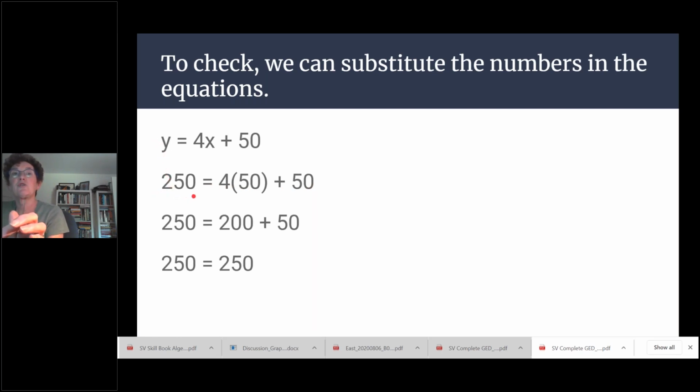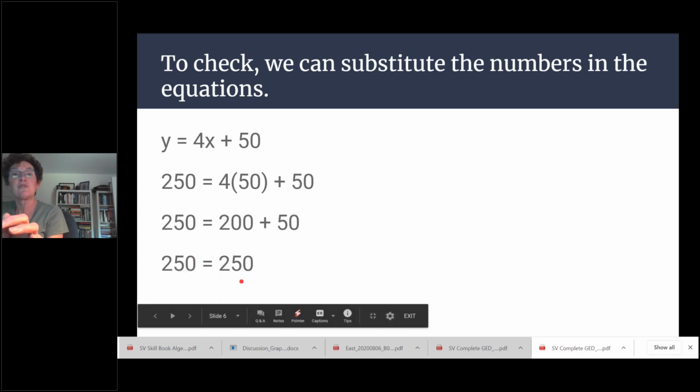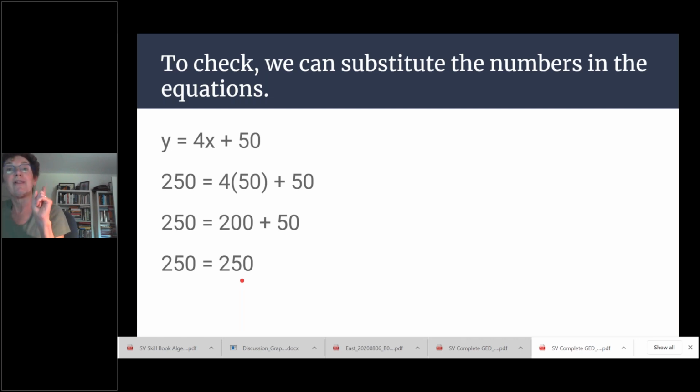My y was 250 and my x was 50. So 250 equals 4 times 50 plus 50. Simplify, 4 times 50 is 200. Simplify again, 200 plus 50 is 250. Is it true that 250 equals 250? It is true. That's what we mean by the solution making the equations true.